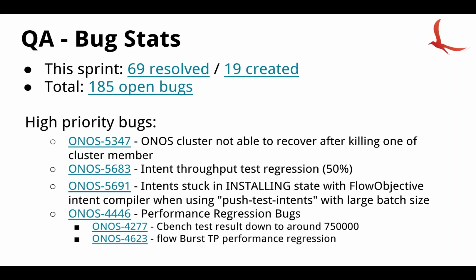The second and the third bugs are new, and the third is when we use the objective intent compiler and push test. One push test intent is a large batch size, with some installing state. And the rest of the bugs are from previous sprints already.